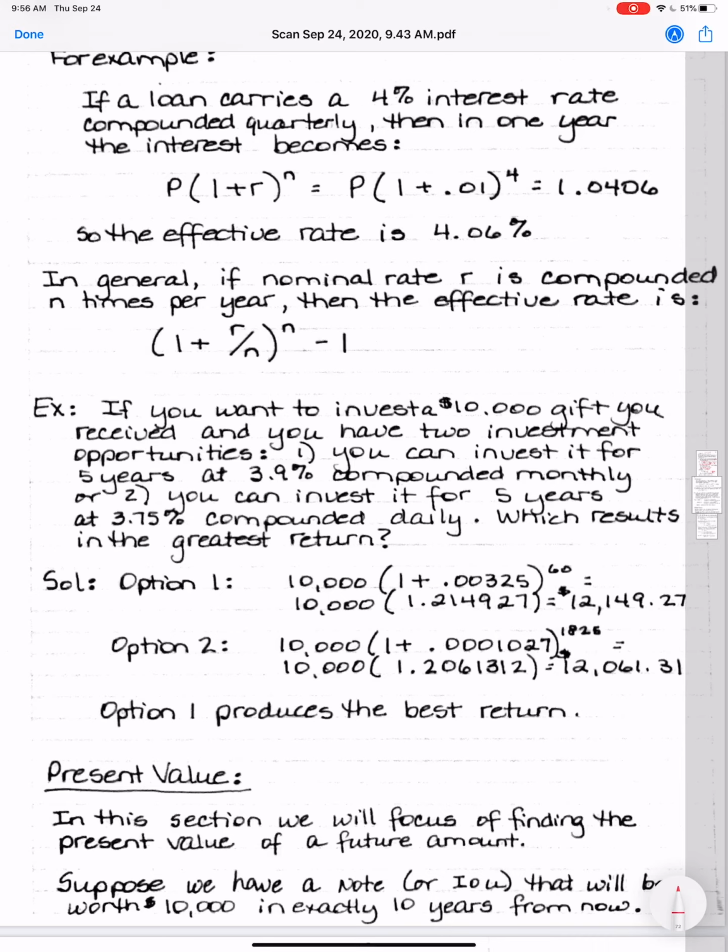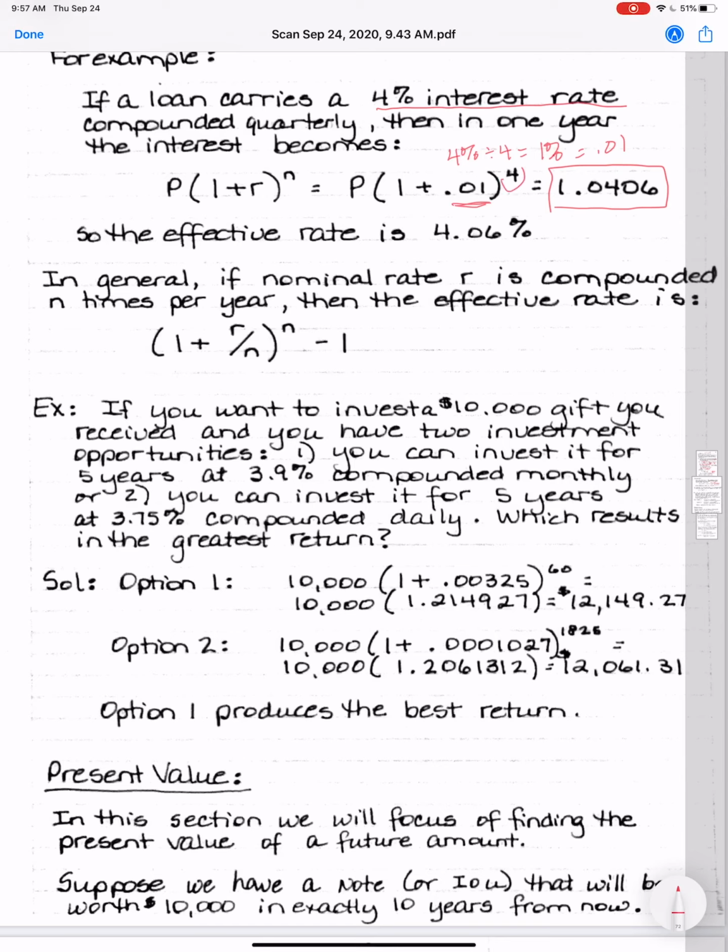For example, if a loan carries a 4% interest rate per year compounding quarterly, then in 1 year your interest becomes 1.0406 using our compound interest formula of P equals (1 plus r) to the n. So again, r was 1%, because 4% compounded quarterly is 4% divided by 4, which is 1%, which equals 0.01.